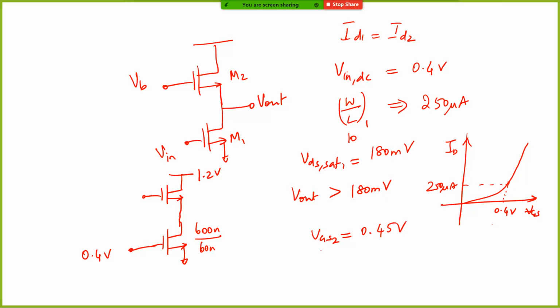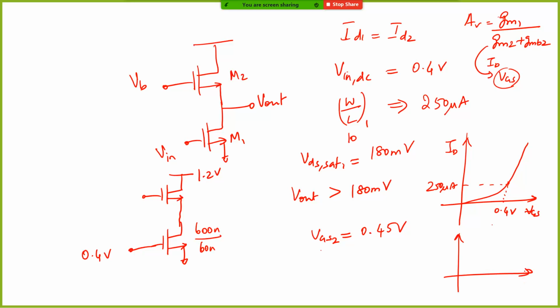You get this VGS from, let's say, a certain gain value, and it is given by GM1 divided by GM2 plus GMB2. This is the gain formula that we got. And from this, you know the ID value because you have set it. Let's say you have a power constraint, and from there you say I need a certain VGS value. How will you see this VGS value?